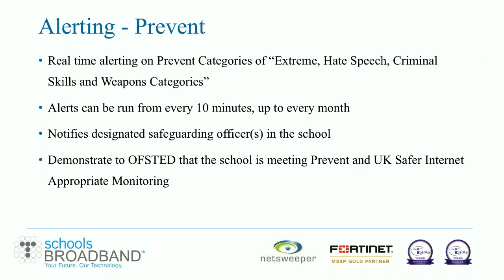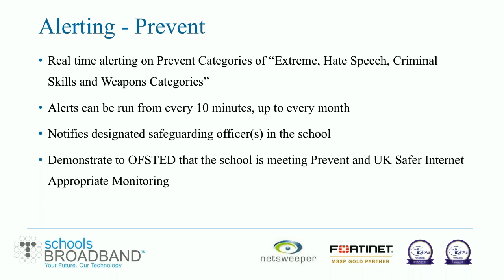So you have your reports, but you also have alerts. An alert is pretty much one of those reports, but sent to a specific person. And you can create these as and how you want. But by default, we're going to create a prevent alert. We call it prevent alert.